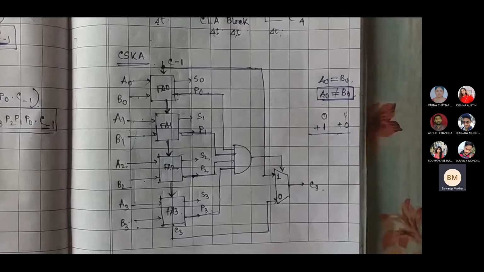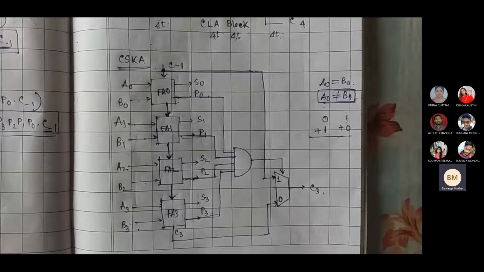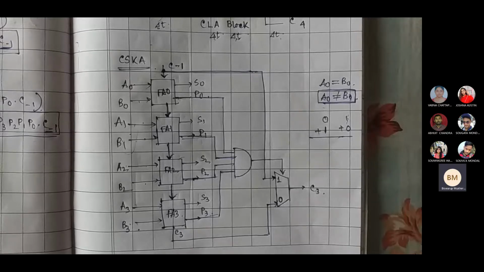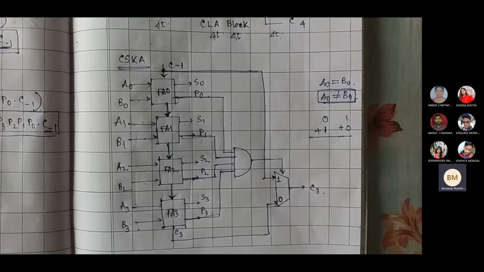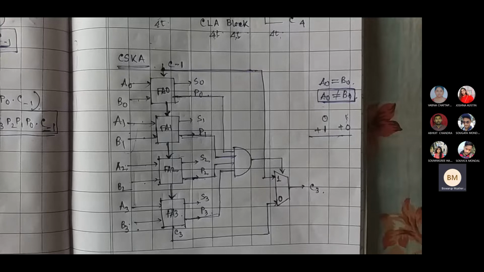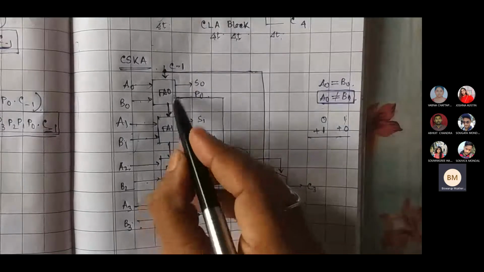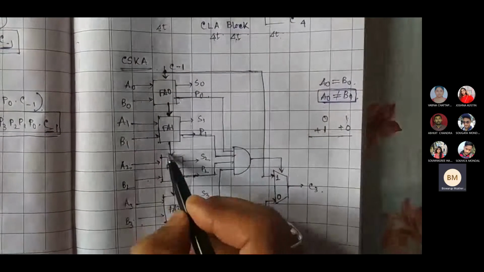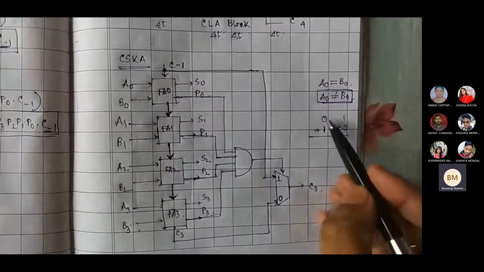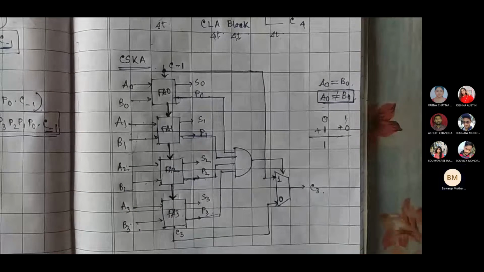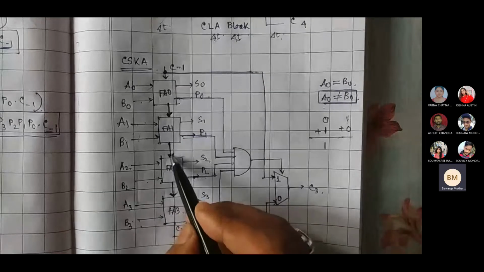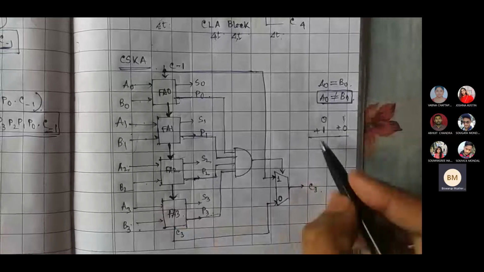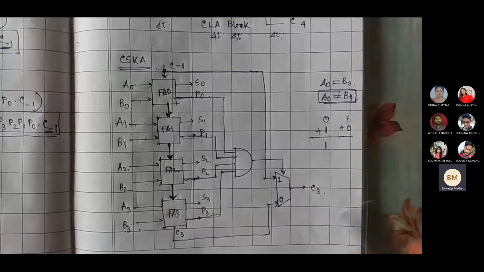So make sure about this one. If both are not equal to each other, then carry can be generated if and only if C-1 is carrying some carry, because 1 plus 0 is 1, and if the corresponding carry input is 1, then 1 plus 1 generates a carry, otherwise not.